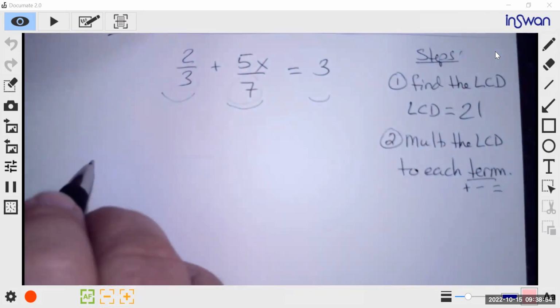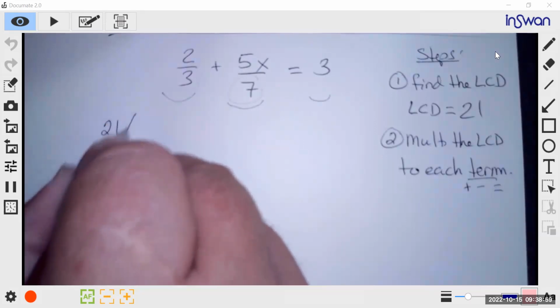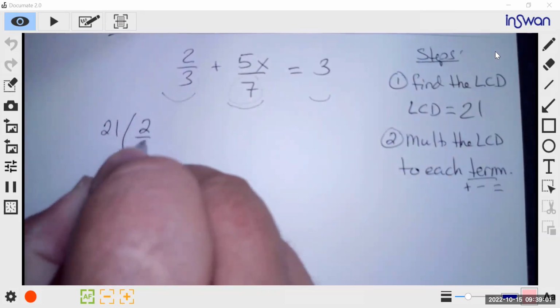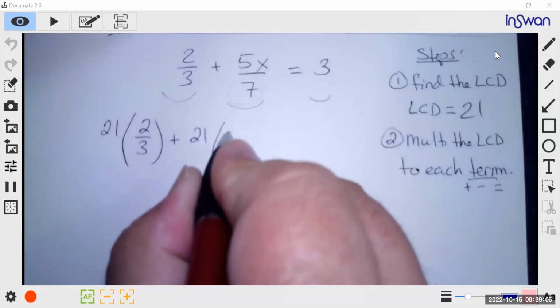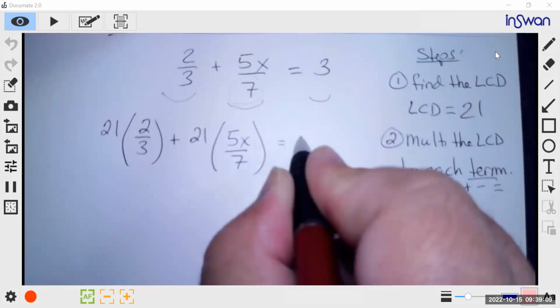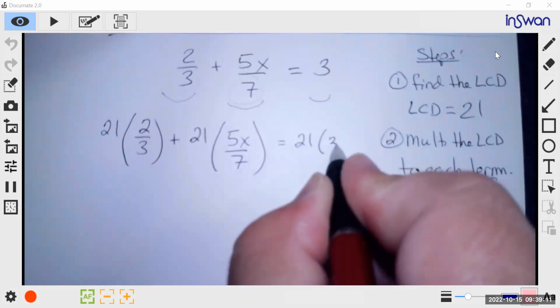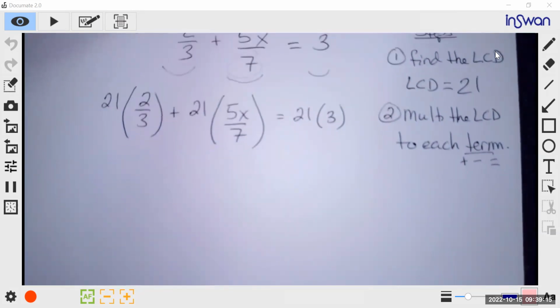So all we have to do when we say multiply the LCD to it is just put it in front. Just put parentheses around your terms and put the LCD in front.